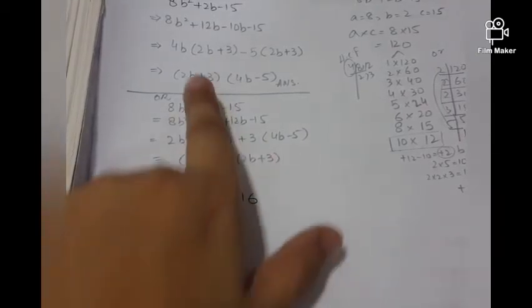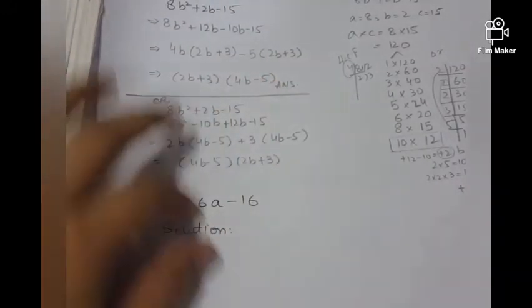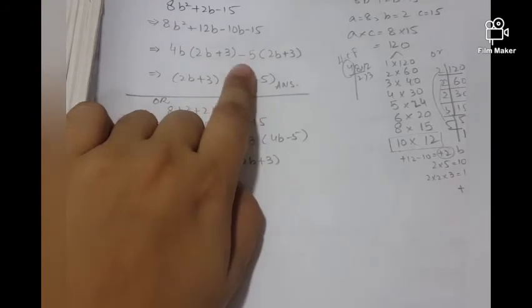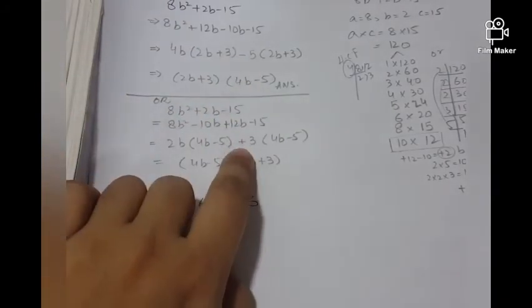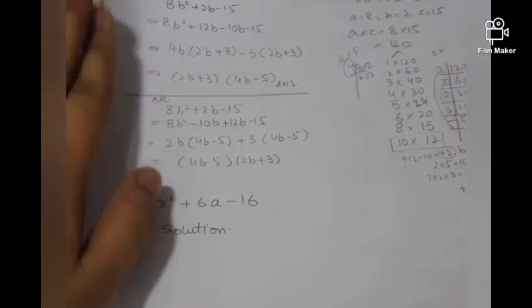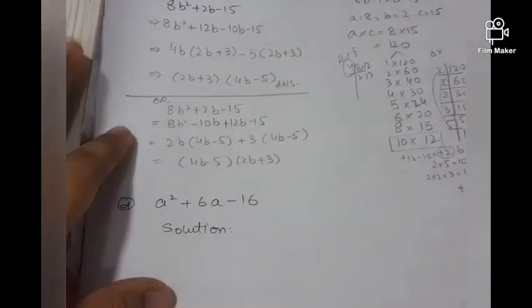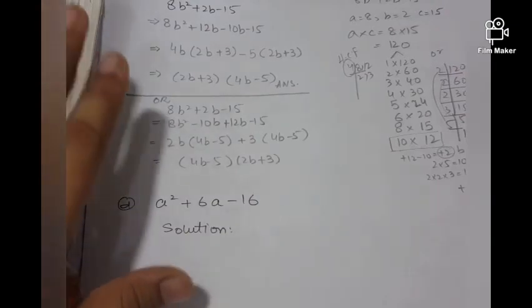Only the order is changed, the answer is same. Both the brackets are same in both the conditions. Only here I have taken minus sign common, and here I have taken plus sign common. That is the little difference. It doesn't matter if you change the places of the factors, the answer won't change.